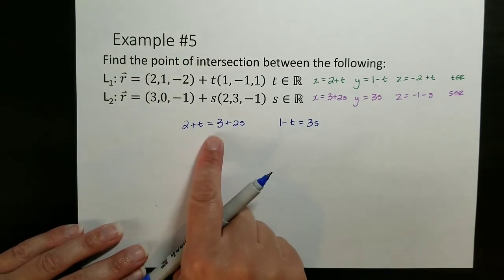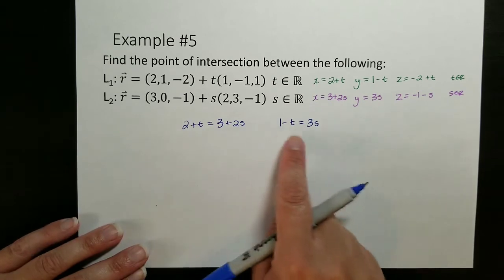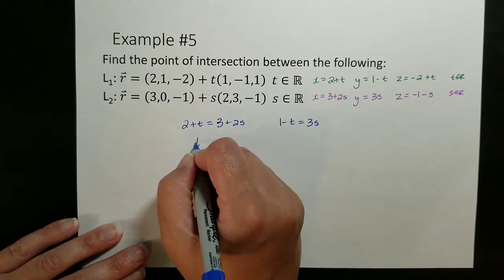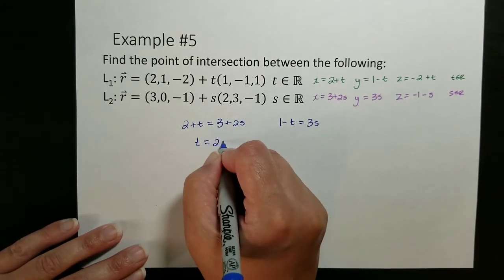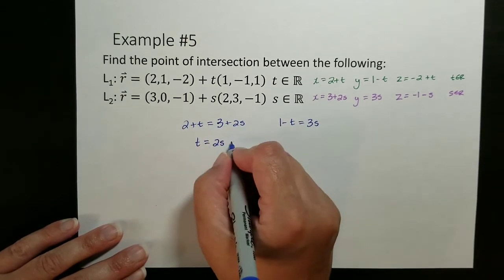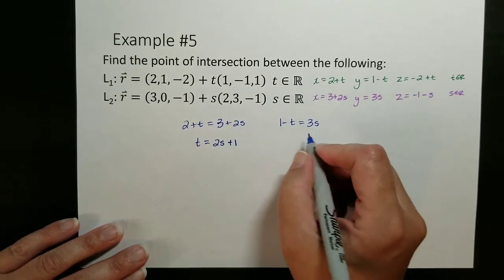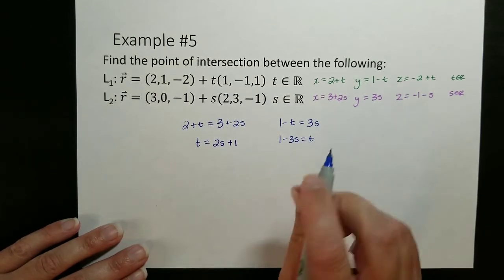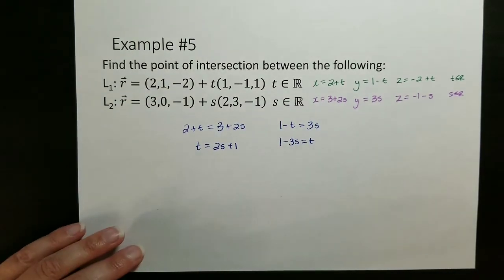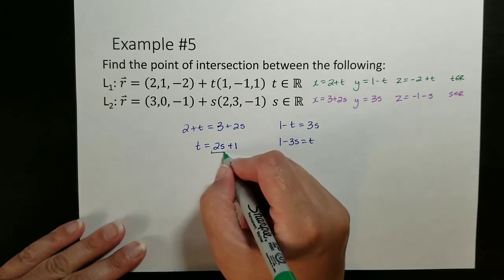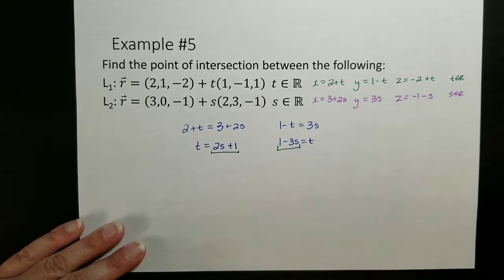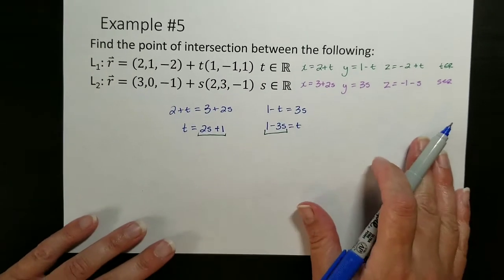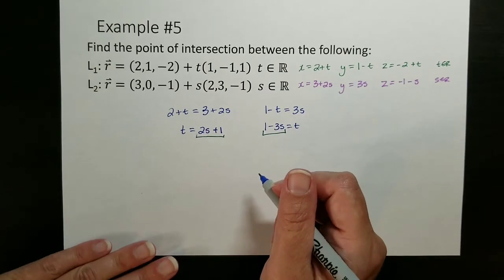And both of these give me a pretty easy equation to solve for t. So I'm going to rearrange this. t equals 2s, and then bringing the 2 over and subtracting, plus 1. And here 1 minus 3s equals t. So now I have two equations, both of which are equal to t, and I can pretty easily set those equal to each other and solve for the s value.